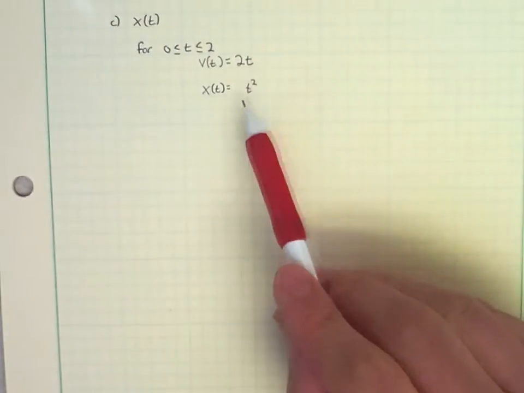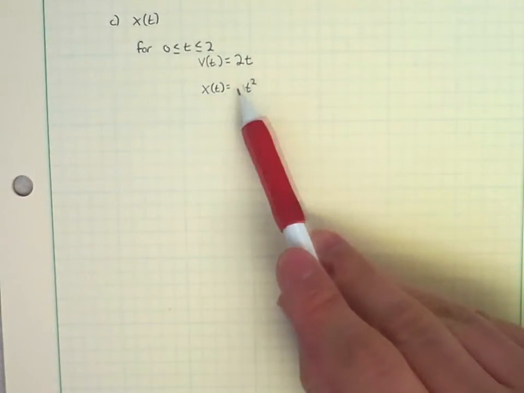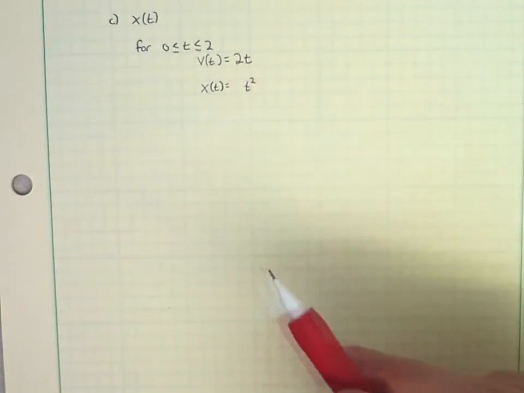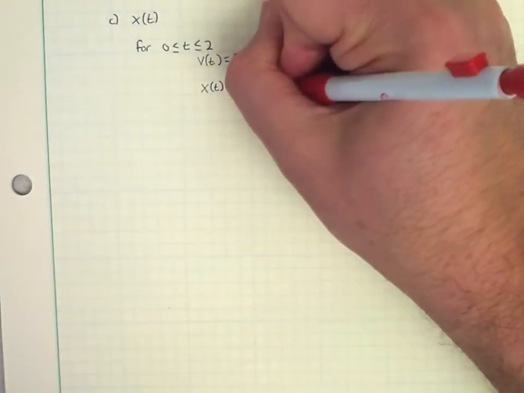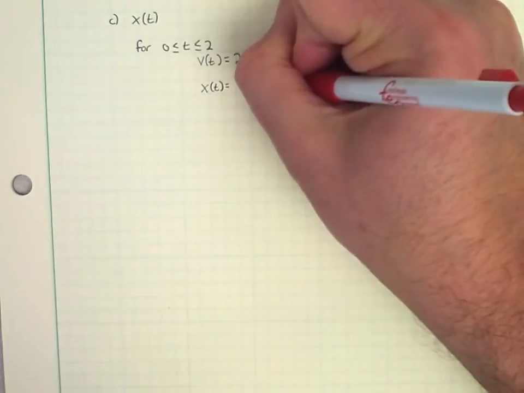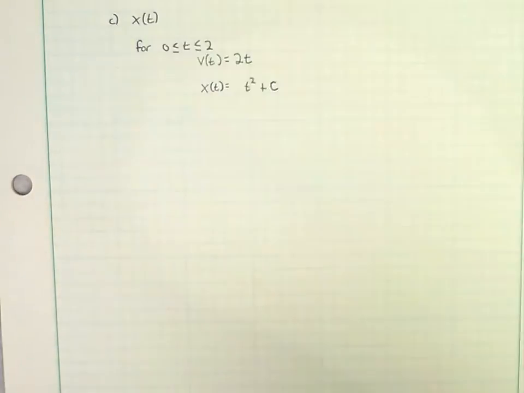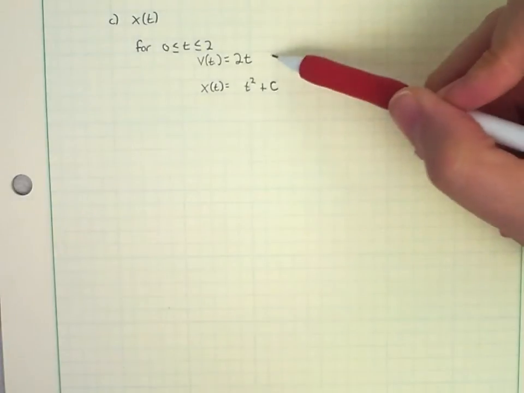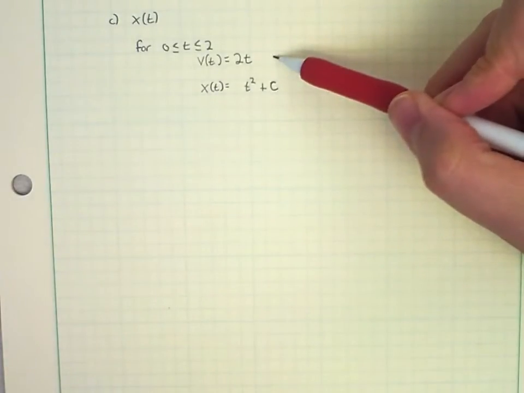So t squared would end up with the derivative of 2t. The other part I have to think about is there can still be a constant value on there, because if I had a constant value and took the derivative, I would get there.